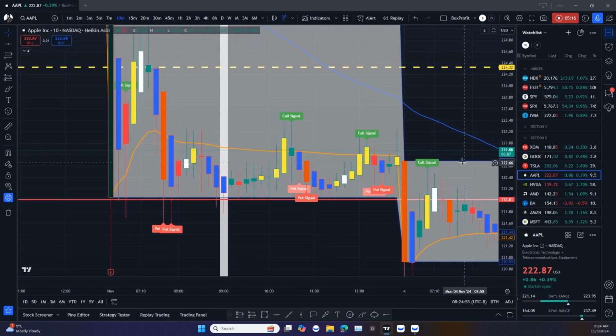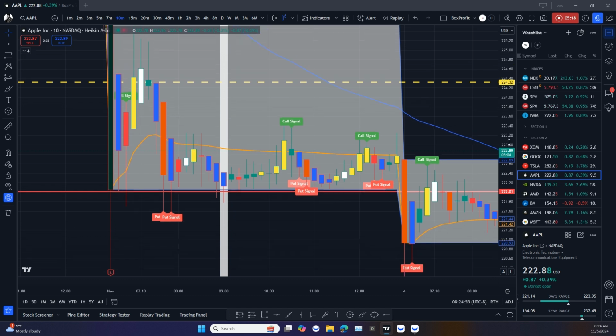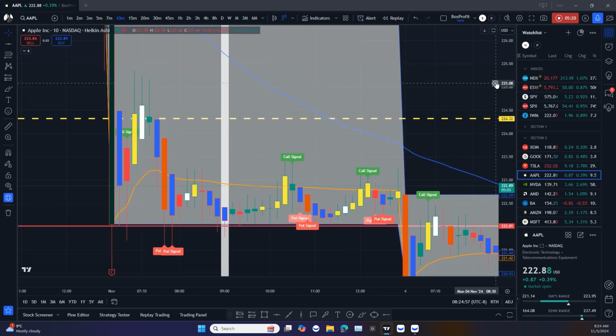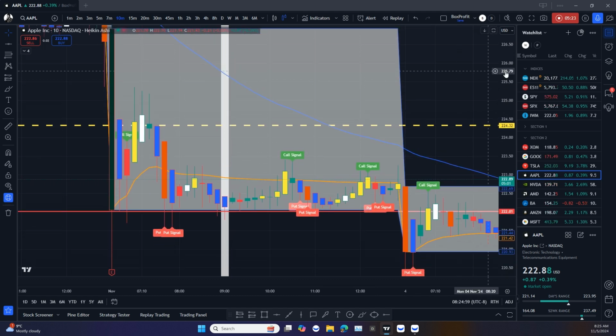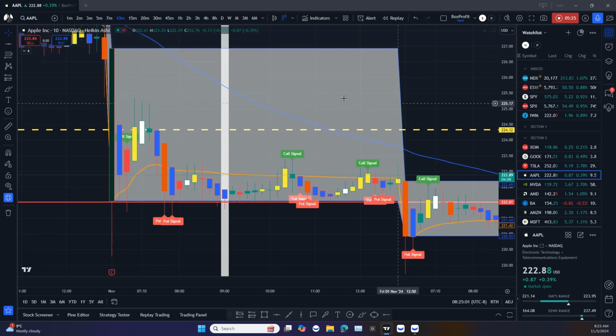Here's another example, and of course, in general, I will not trade this day, as you can see, everything had been within the opening range breakout. That means there's not a lot of liquidity.